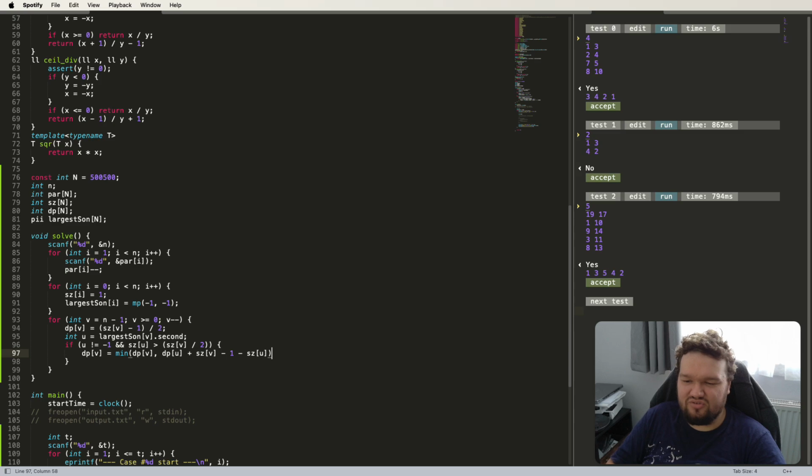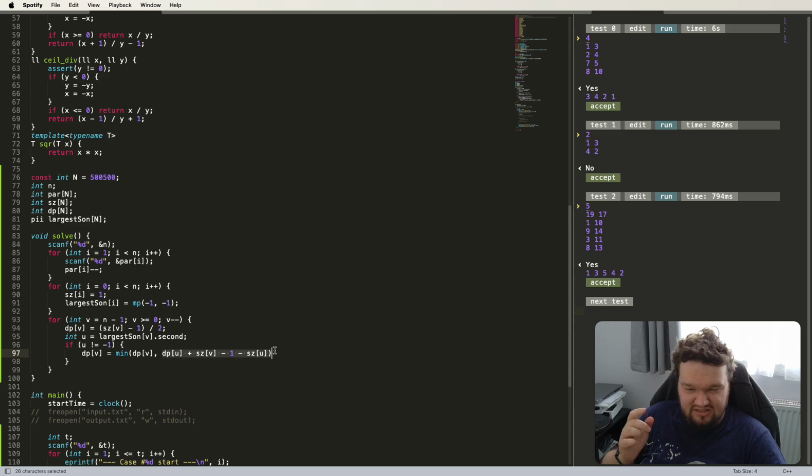Actually, I can just do it always if u is not -1. Since I'm taking minimum, if size of u is small, it will just mean that this is bigger than size of u over 2.